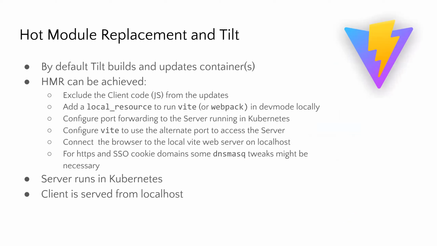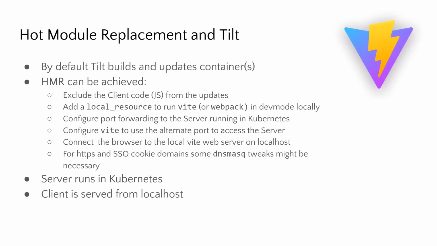So by default, Tilt will just build and update containers and pods. But we can actually get back hot module replacement by doing a few tricks. What we need to do is simply exclude the JavaScript code from the standard updates so that it doesn't get updated whenever you change a client-side file. And then what we will do is that we will locally on our machine launch something called a local resource, which will run a Vite or Webpack dev mode server, which has a web proxy on it.